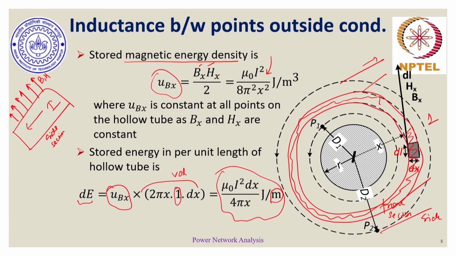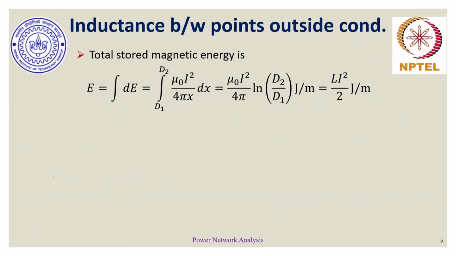Now, if we want to find the entire energy, then the total energy E is nothing but the integral of dE, which when substituted with this expression gives us the total E equal to mu naught I square by 4 pi natural log of d2 by d1.